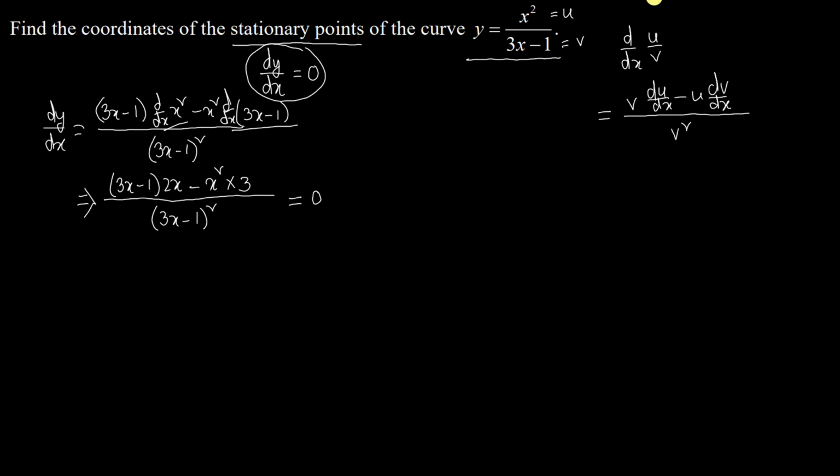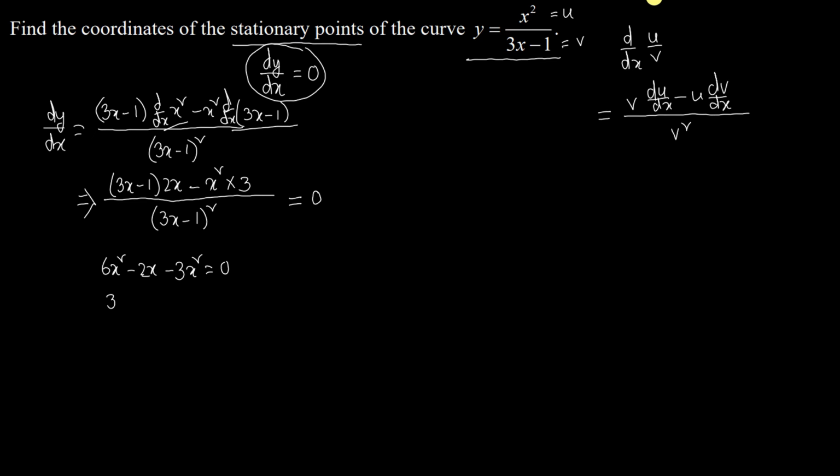Then only the numerator part would remain, because the denominator goes to the right side and becomes 0. So from the numerator we get 6x square, then minus 2x, then minus 3x square equals to 0.